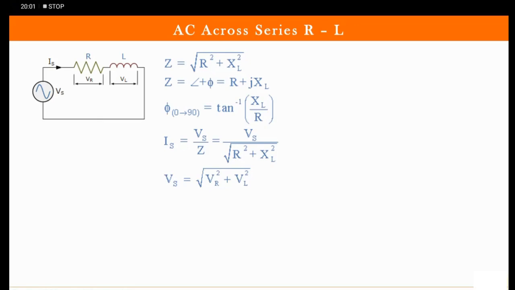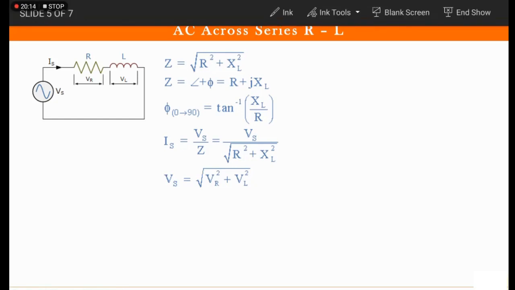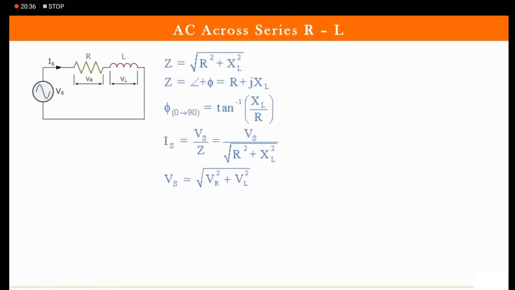Yes, because across the resistor there is no phase shift between voltage and current, but across the inductance we have. So if I want to draw a phasor, the resultant, vector algebra we have already done.